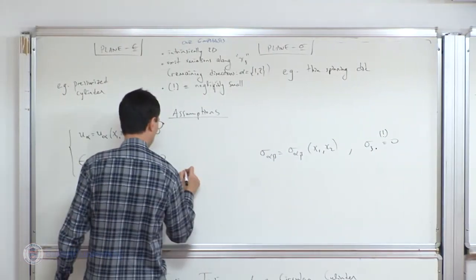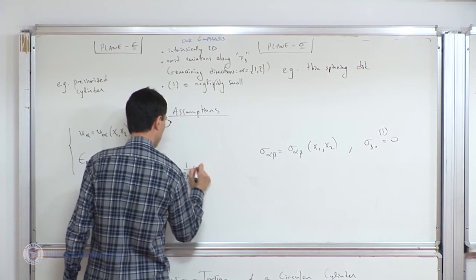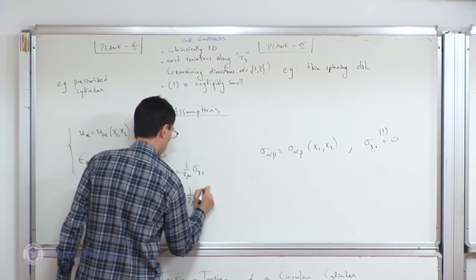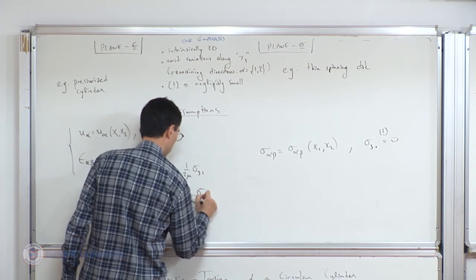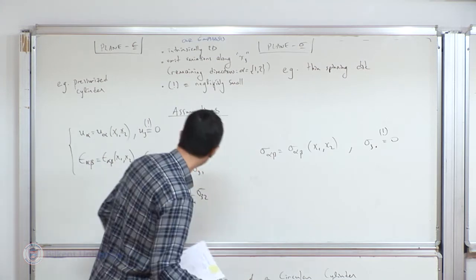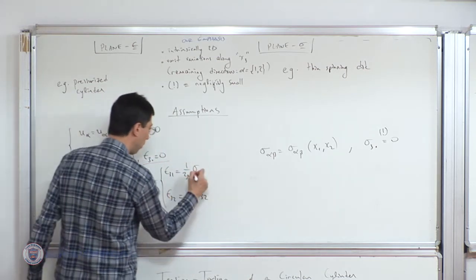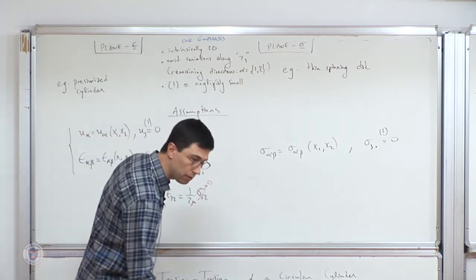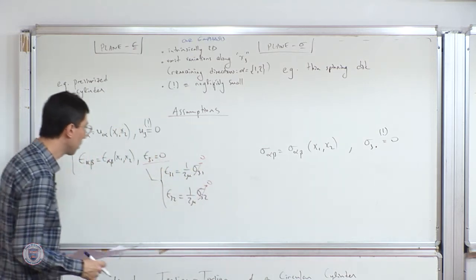So epsilon 3, 1 is 1 over 2 mu sigma 3, 1. And epsilon 3, 2 is 1 over 2 mu sigma 3, 2. Since epsilon 3, 1 and 3, 2 are 0, I see that sigma 3, 1 and 3, 2 also have to be 0.